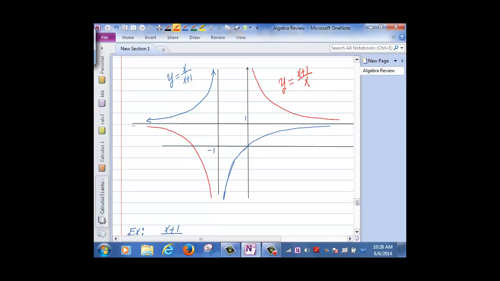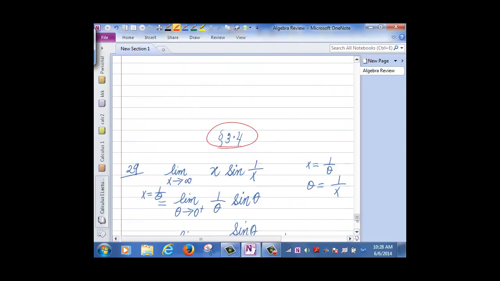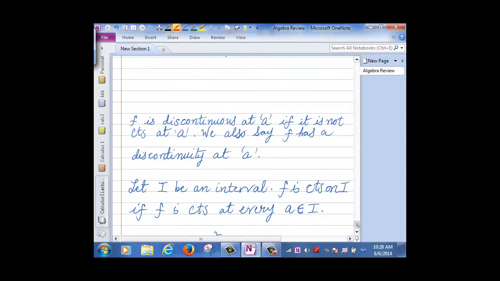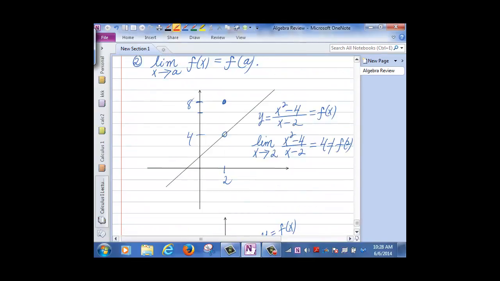Now, in one of the examples today that I did, one thing you want to notice is that in my first example, this function is discontinuous at 2. However, I can redefine the function at 2 in such a way that I can make it continuous at 2.